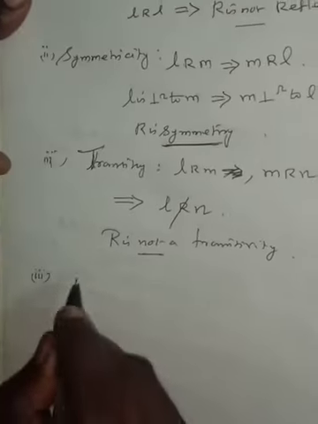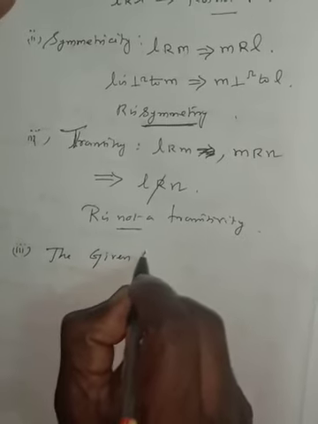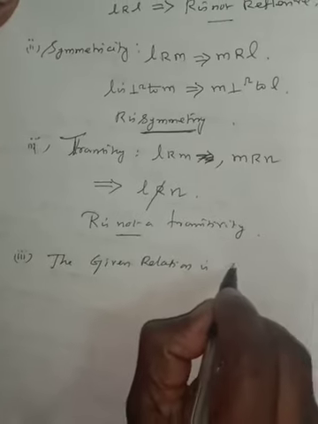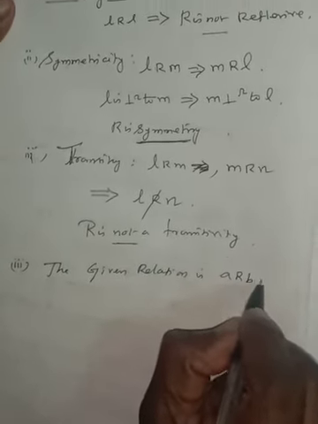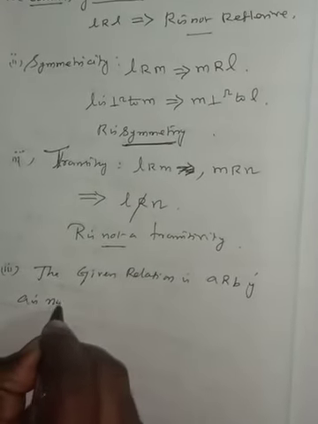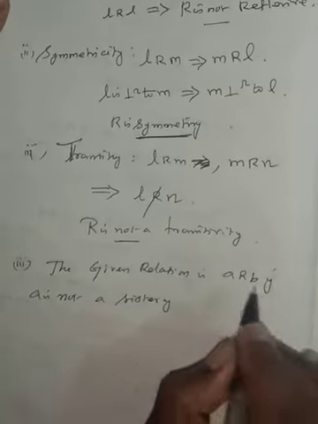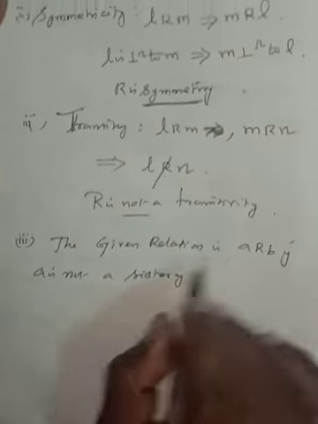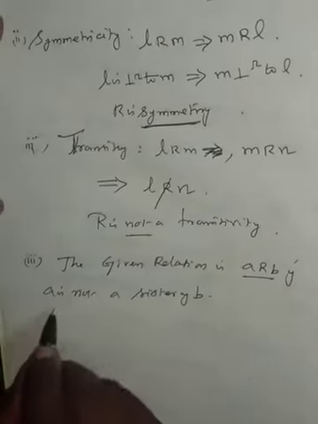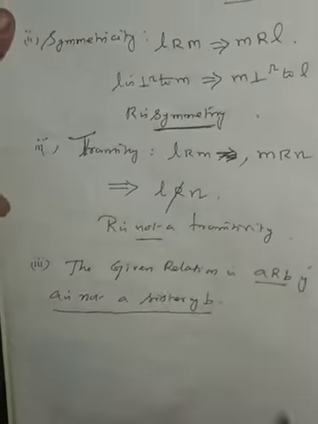The given relation is A relation B if A is not a sister of B. A relation B, the condition is A is not a sister of B. This is the condition.